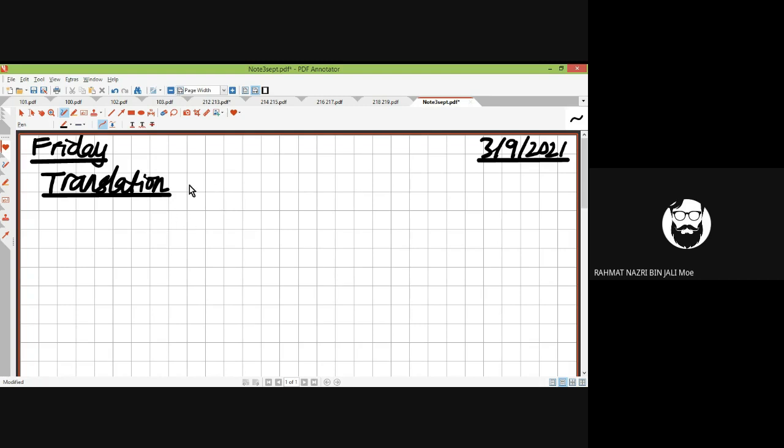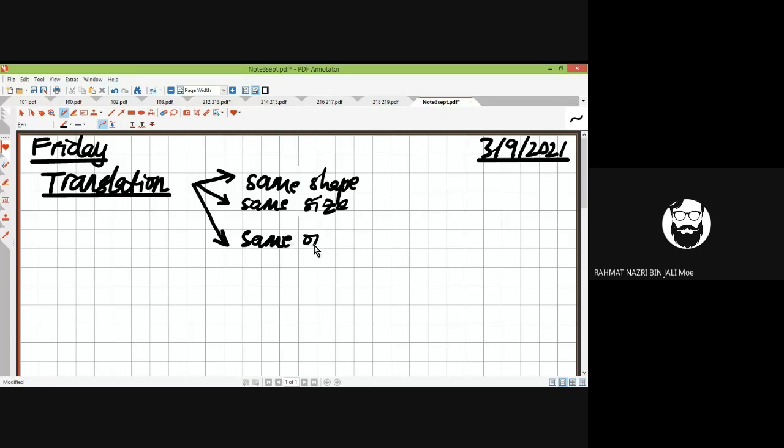Okay, translation has to satisfy these three. First one is shape, same shape. The second one is same size. And the third one is same orientation.